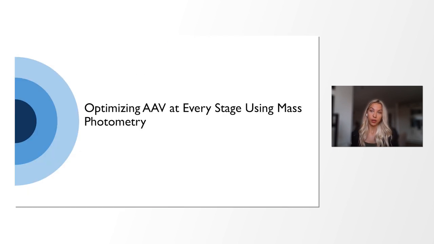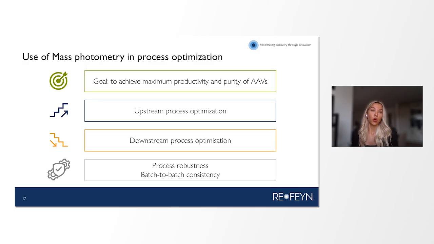How could mass photometry be used for process optimization at every stage? The goal of any optimization is to achieve the maximum productivity and purity, with the least number of steps and driving the minimum costs. Optimization usually includes upstream and downstream process optimization. In the upstream, yields are very important, but sometimes the capsid content could be overlooked.